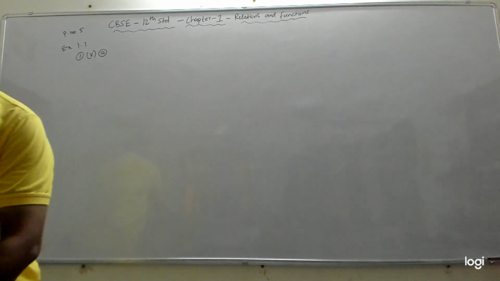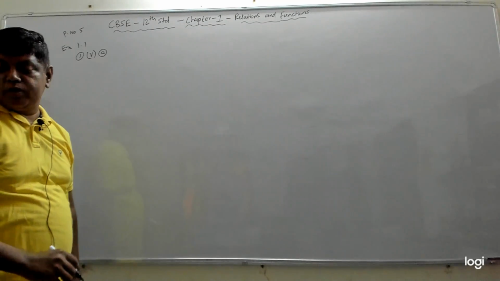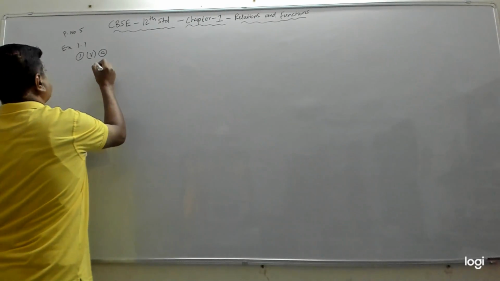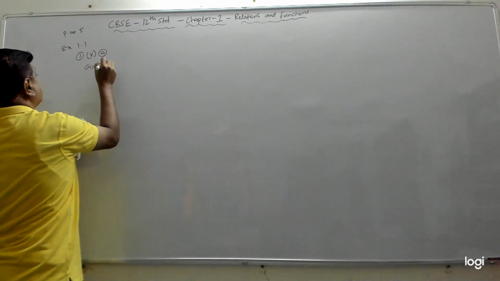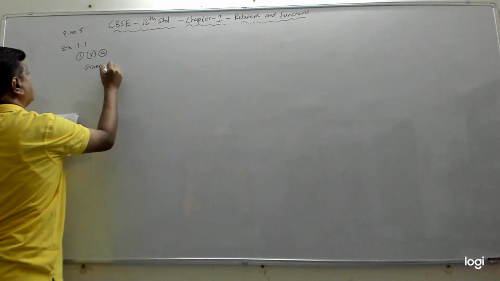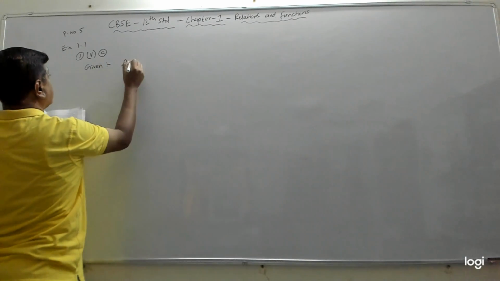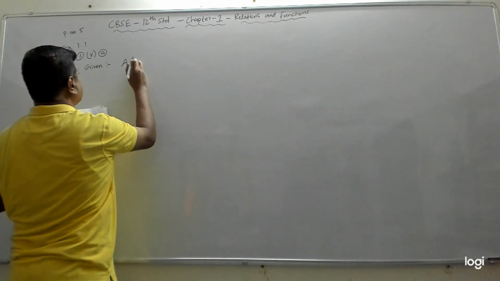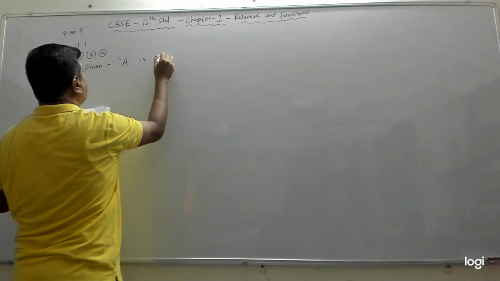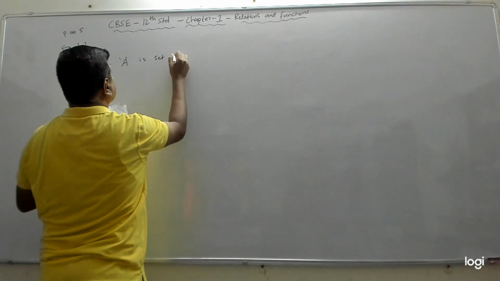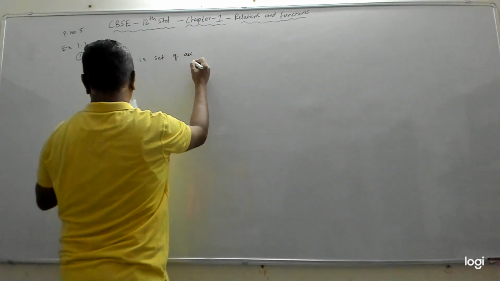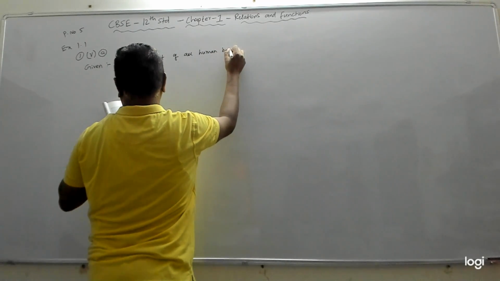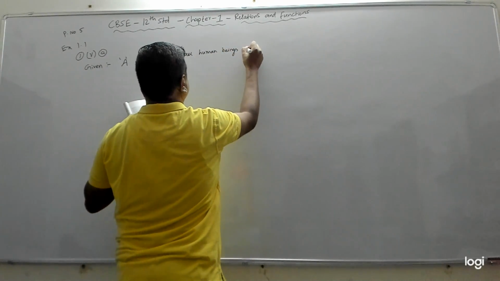So we have to check whether the given relations are reflexive, symmetric and transitive. So what is given? Given is set A, the set of all human beings in a town.